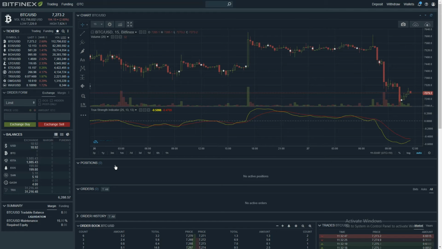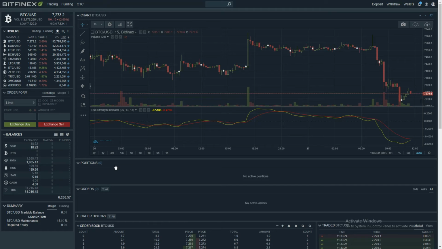Some sites do, I believe, up to 1 to 100. Most do 1 to 3, 1 to 5, 1 to 10. But it basically means that you can increase the value you virtually hold by that amount. So if I've got 1 Bitcoin and I'm doing 1 to 10 margin trading, I effectively have 10 Bitcoin that I can actually trade.